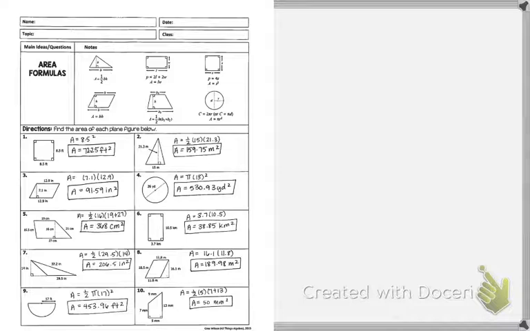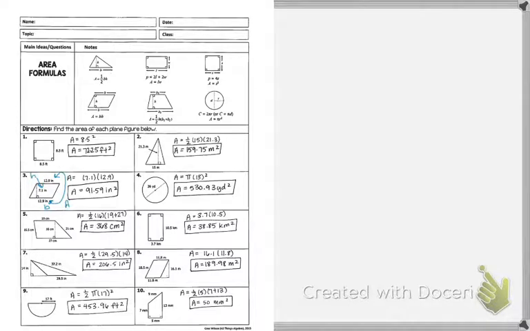Here we have what is a parallelogram. We know it's a parallelogram simply because we have this guy and this guy. Both of these are the same lengths. They are parallel. This would be considered your base, and this right here is considered your height.